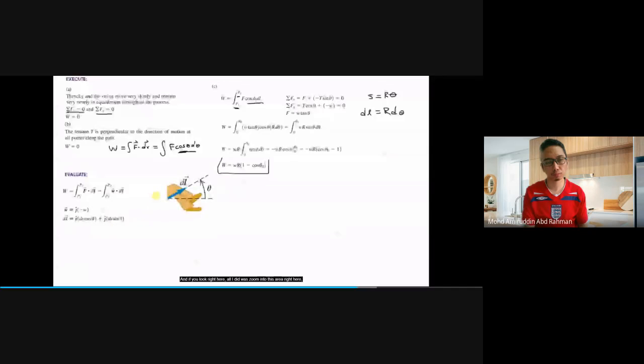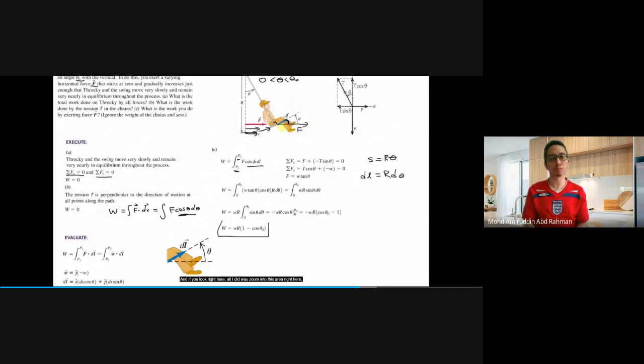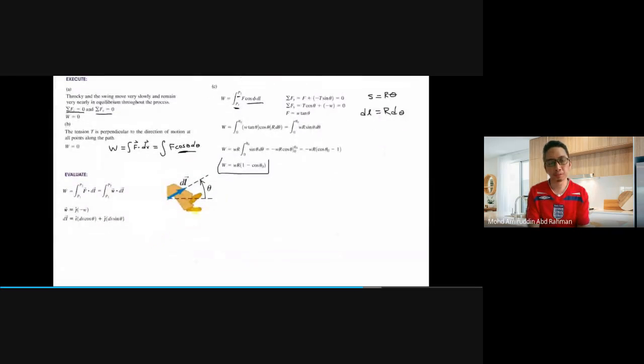And if you look right here, all I did was zoom into this area right here. You can see that that makes sense. We can take this arrow and break it up into two pieces. You know that's theta. So dl times cosine theta gives you this, and then dl times sine theta will give you this.